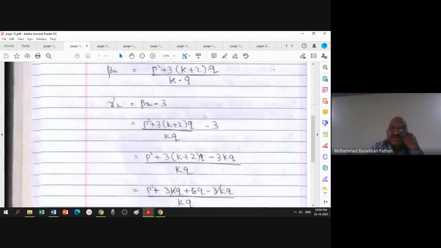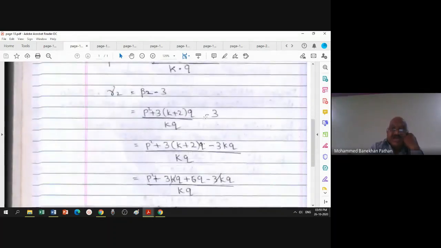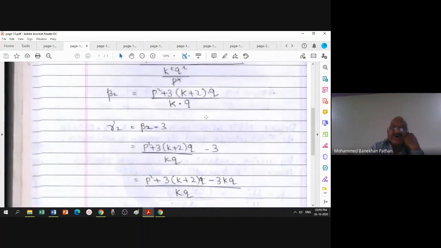Now at this stage, I can't take limit because you know in mathematics, limit of beta 2 k tends to infinity, numerator is also infinity, denominator is also infinity. It becomes infinity upon infinity. So if you want to solve this limit, you have to go by L'Hospital's rule. But we don't bother about this.